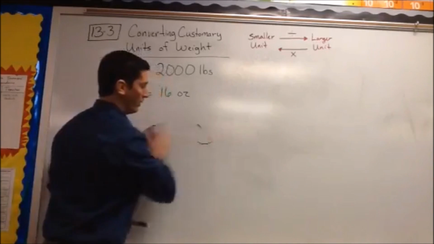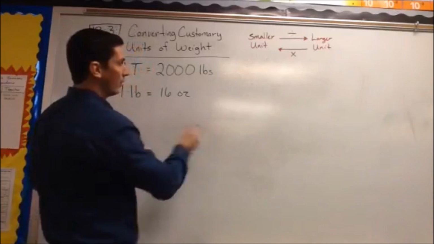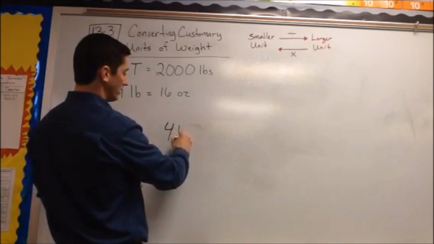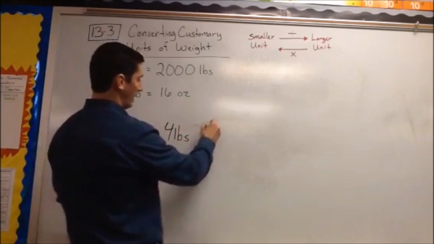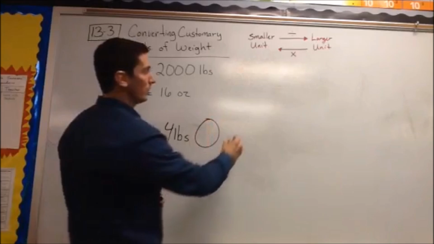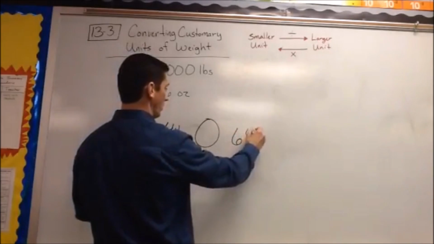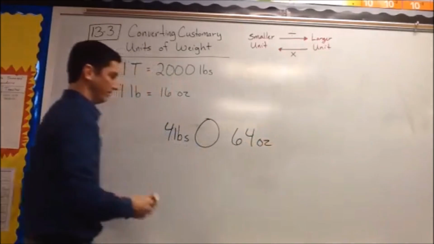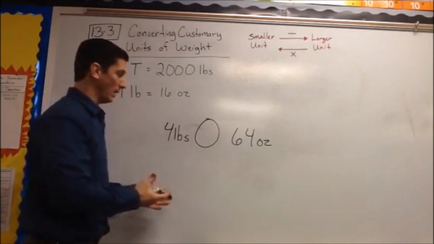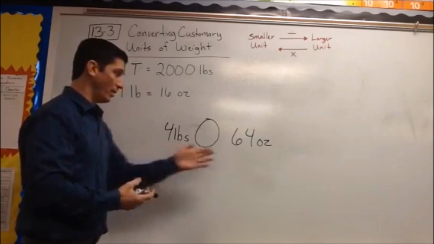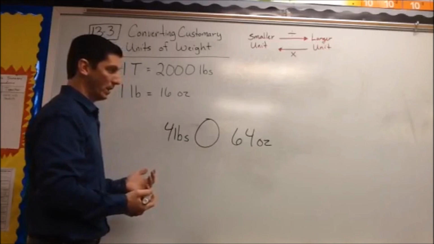Let's try one more of those. If we had 4 pounds, and we're going to compare it to 64 ounces. Well, it's the same thing. We can convert 4 pounds to ounces or ounces to pounds.